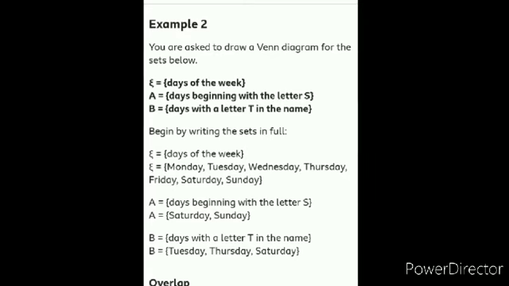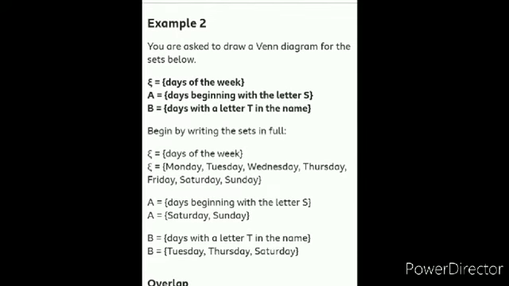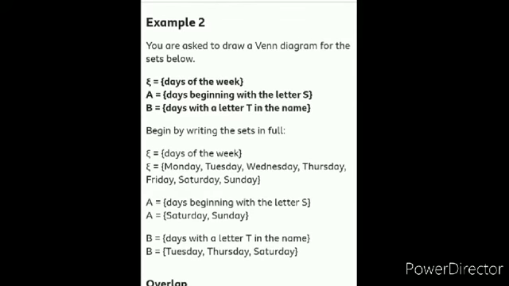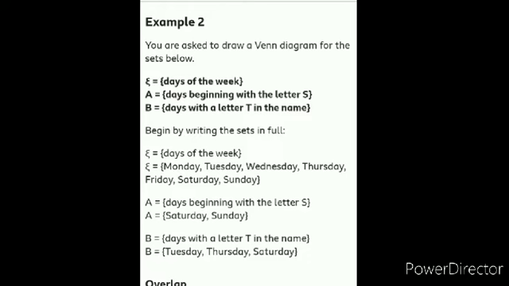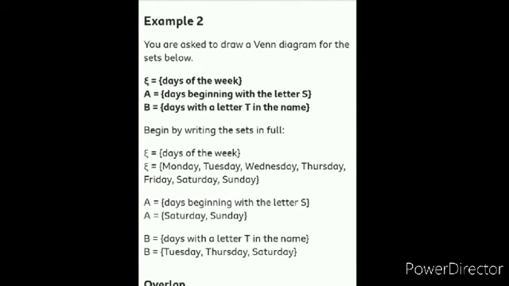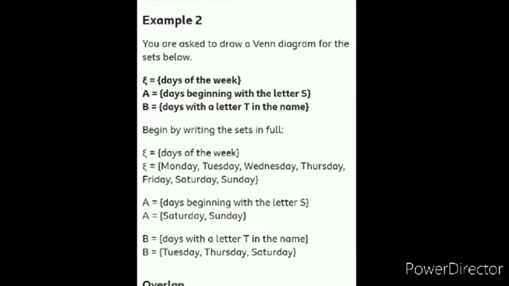We will consider a second example. If I want to represent days of the week, the days of the week are the universal set, and set A is equal to days beginning with the letter S: Saturday, Sunday.